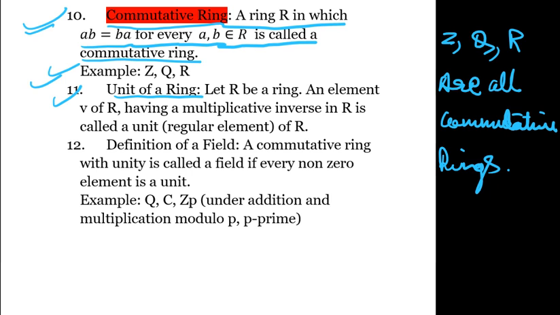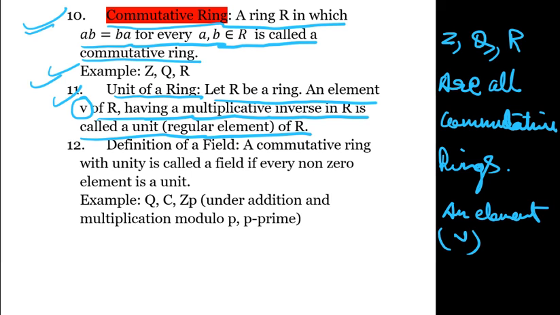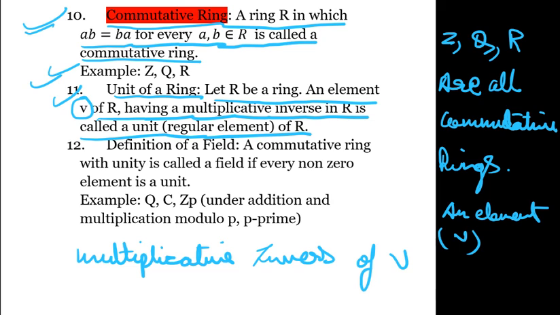Next, unit of a ring. What is the unit? Let R be a ring. An element V of R having a multiplicative inverse in R is called a unit or regular element of R. So if there is an element V, and this V has a multiplicative inverse, then it is called a unit or regular element.